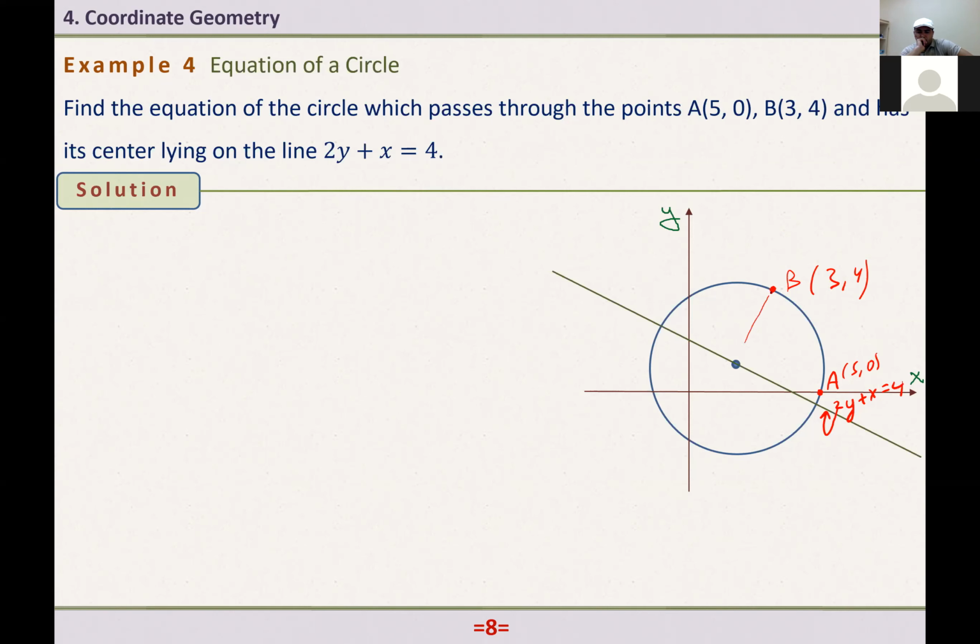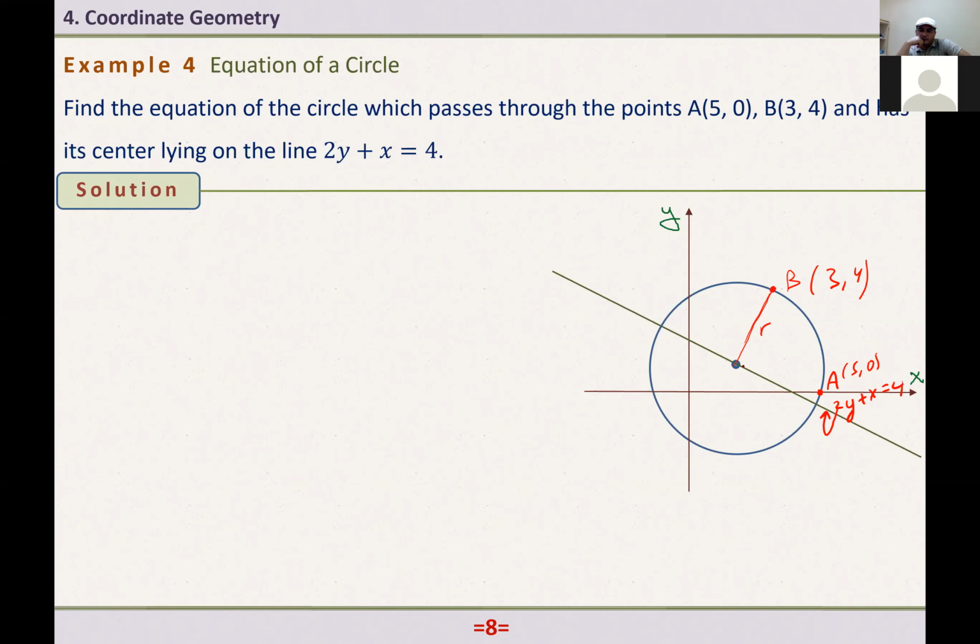If we work out this length, maybe we could work out the radius after that. Right? Or is that wrong? Can you just put capital O for the center?